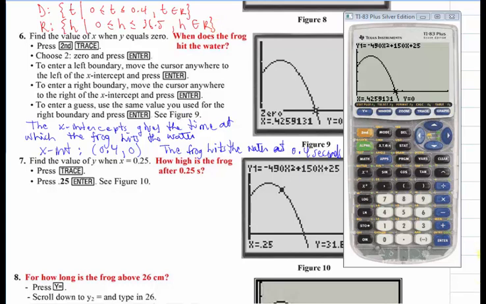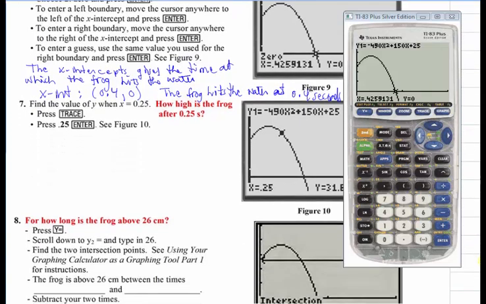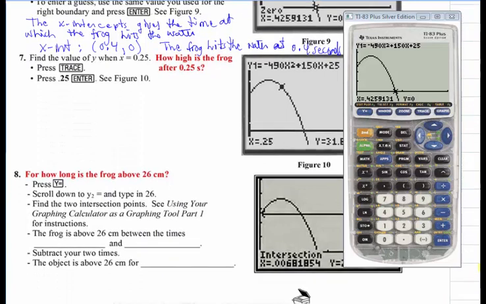Okay, the next question is asking you to determine how high the frog is after 0.25 seconds. Okay, and so what you want to do then, because seconds is our time, then we're really concerned with our x coordinate. So what we want to do is we want to type in that x is 0.25 seconds and find out what y is at that time.